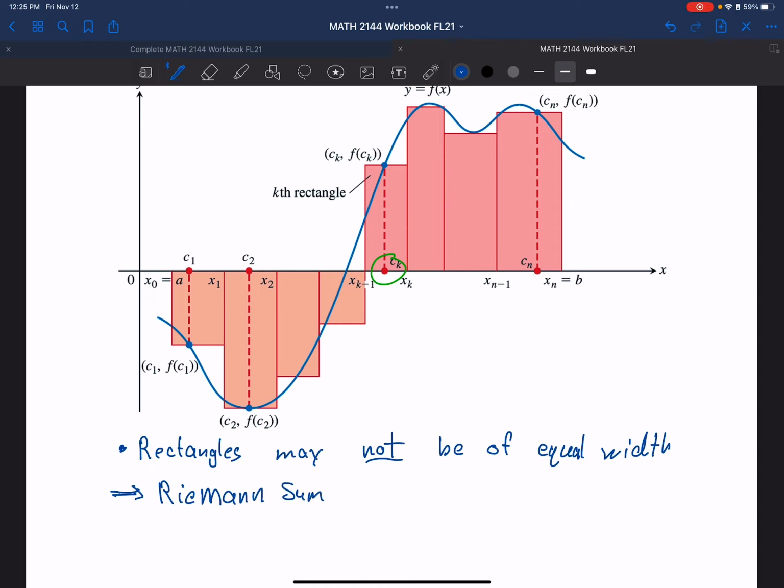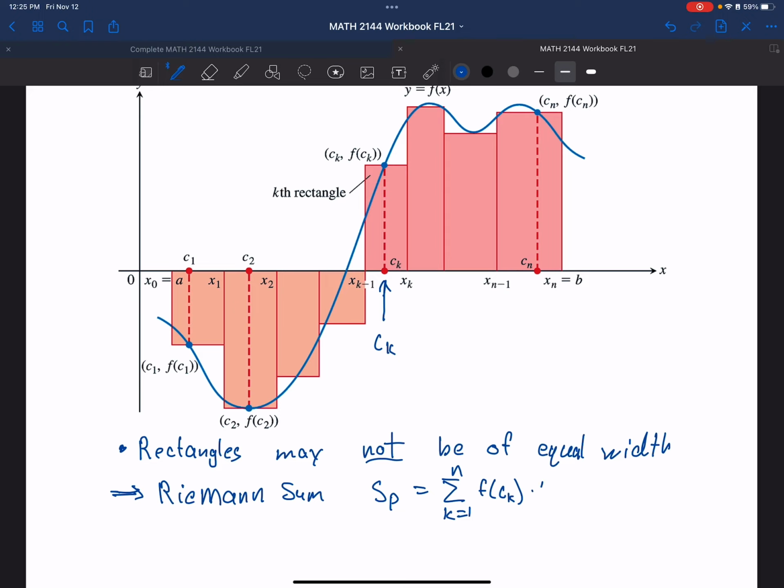The Riemann sum is denoted with S sub P, and I'll tell us what P is in a moment. It is the sum from k equals 1 to n of f of c sub k, where c is just, again, circled up there in green. So you can see right here is c sub k. It is just going to be some x value.